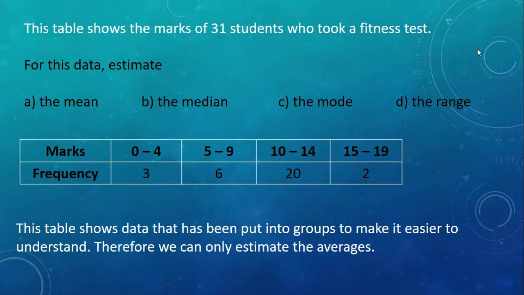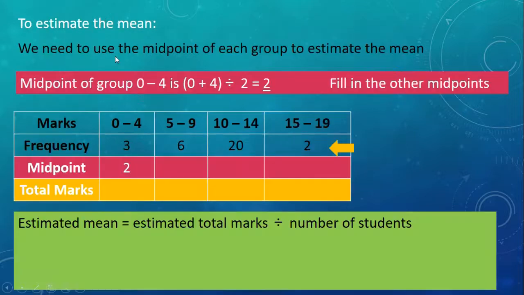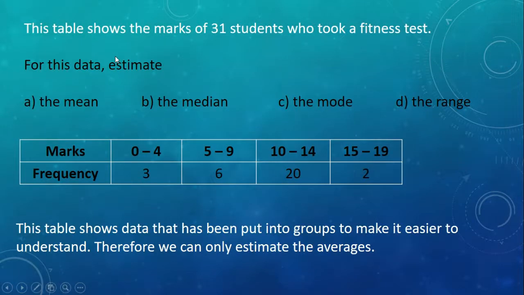The reason we need to estimate is because this data has been put into a table where it is grouped. So 3 students managed to score between 0 and 4. We don't know what marks those 3 students got because this data has been grouped.